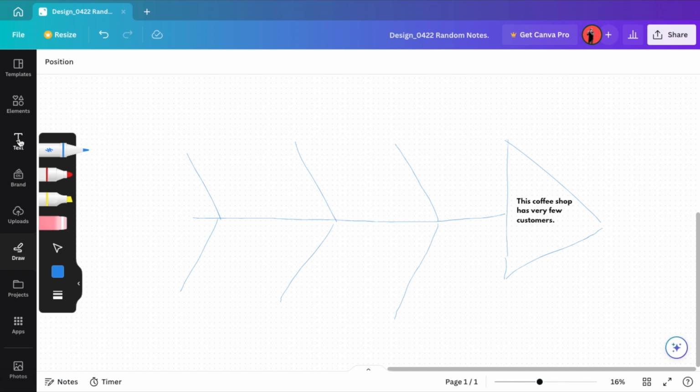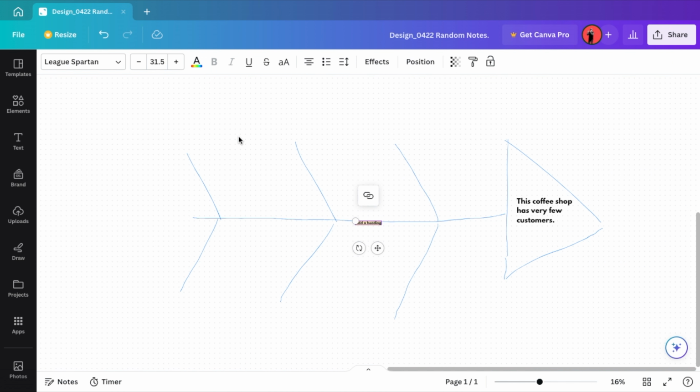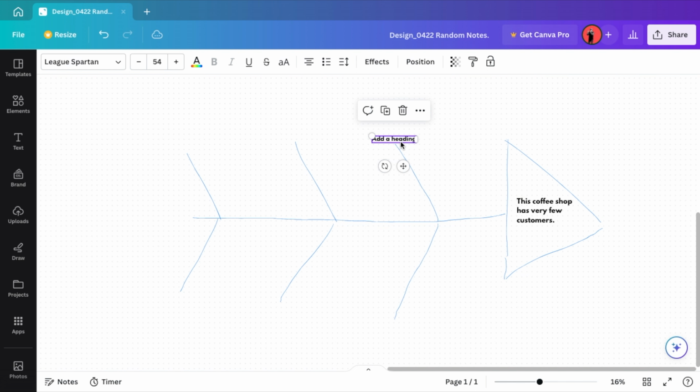We can start thinking from the department perspective of a coffee shop. What could be the categories of problems? Let's think about the various factors or various touch points of a coffee shop. Let's start with the ambience, the ambience of the coffee shop.